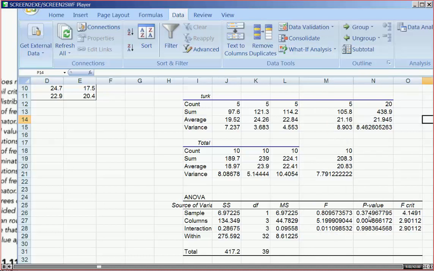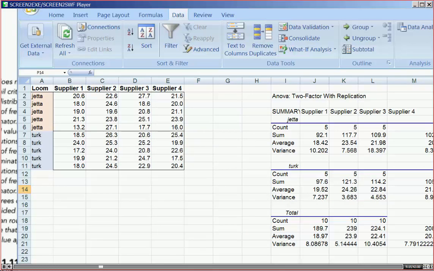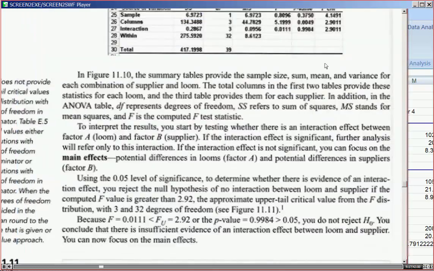P-value, first of all, is 0.37. Which tells us not to reject the null hypothesis here. Okay. The correct 0.37.